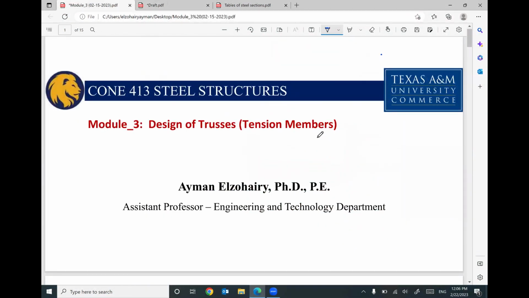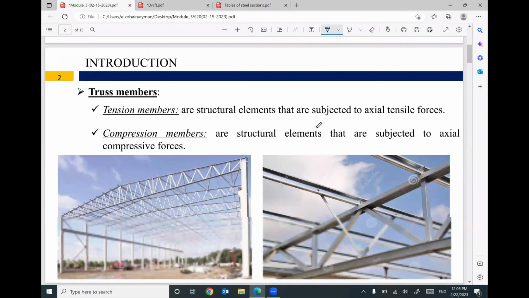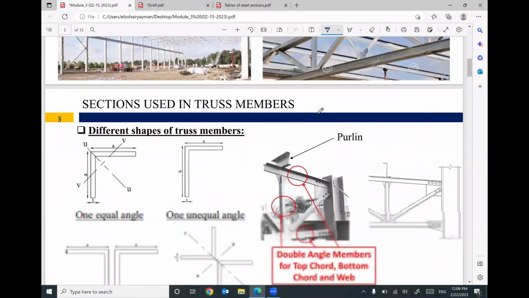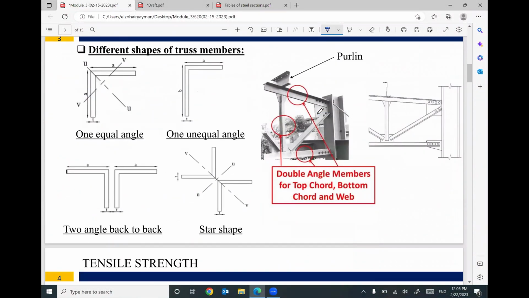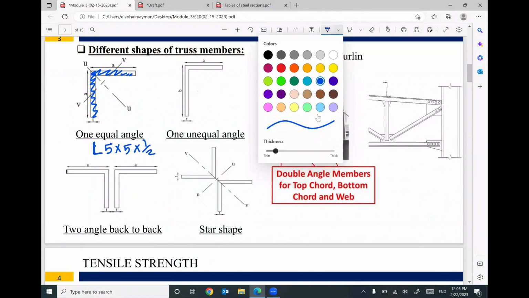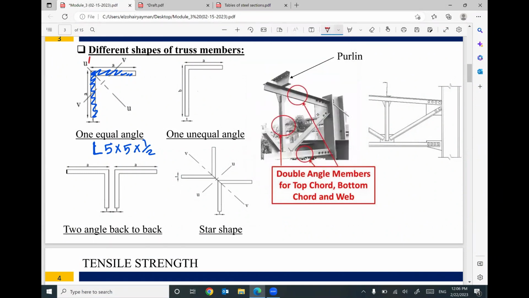I started last meeting to talk about the tension members, and I told you your member can be a single angle, only one angle, with equal legs. So you can find an L angle like this, 5 by 5 by 1/2, for example. That means we have equal leg angles.